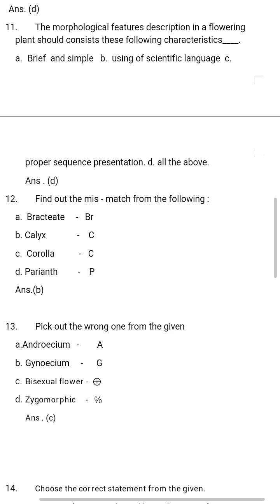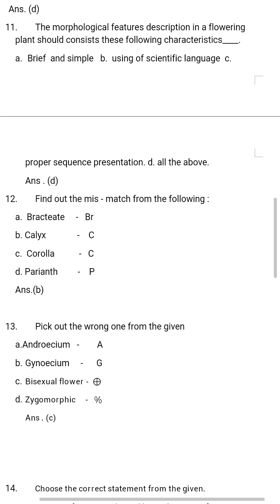So the correct answer for this question is option D, all the above. Students, when we are describing the morphology of a flowering plant, we should follow all of the options A, B and C correctly. The morphological features should be indicated with different codes and symbols, so that's why brief and simple.